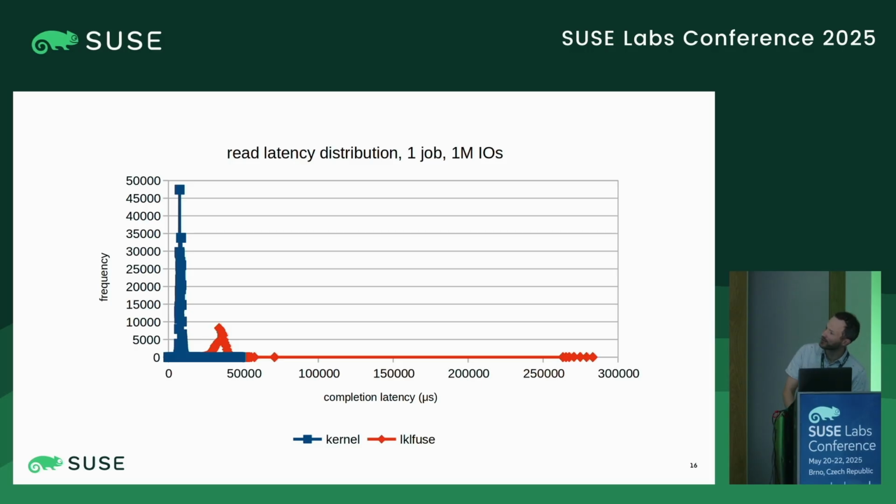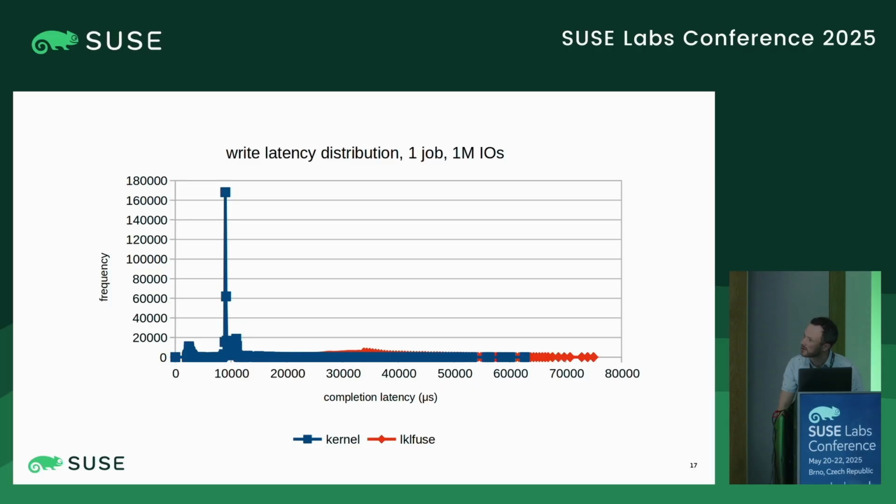And then a quick look at the latency distribution. Also, as expected, we were seeing quite a flat distribution for lklfuse. It's very dependent on host and lkl scheduling. Whereas with the kernel, we have quite a spike of latency, all sitting around the average of 8 milliseconds, and 48 milliseconds, and 33 milliseconds average for lklfuse.